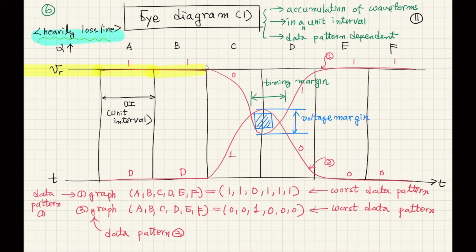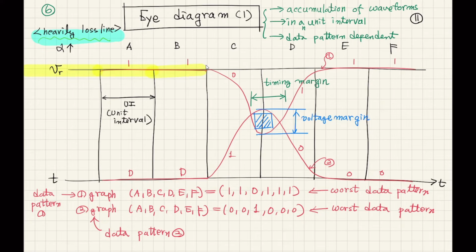So now I'm trying to discuss two effects, the data dependent effect and the high frequency loss effect. If they are coupled together, it will reduce the voltage and timing margin. That's what I'm going to discuss right now.